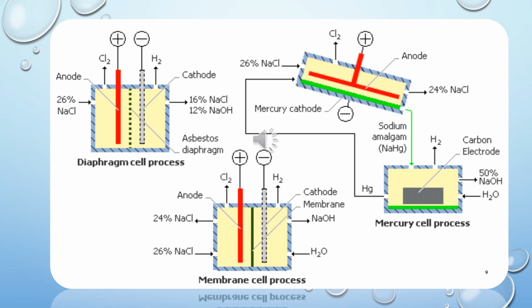And mercury cell process is known as mercury cell process due to the cathode of mercury. So next we will discuss diaphragm cell, mercury cell and membrane cell one by one.